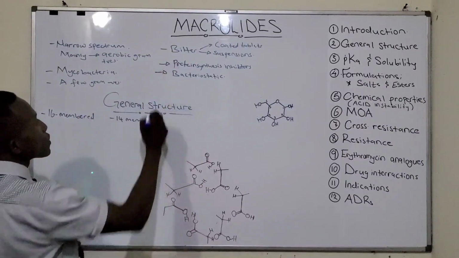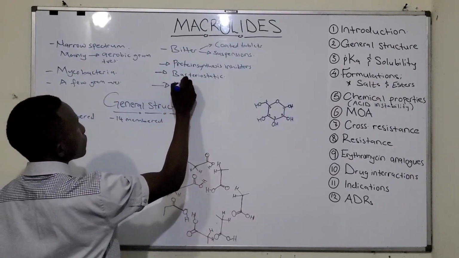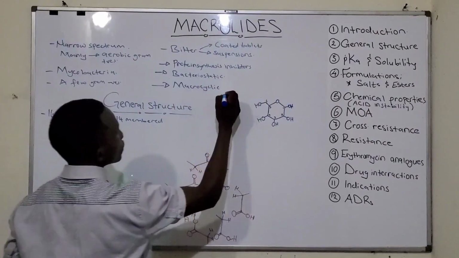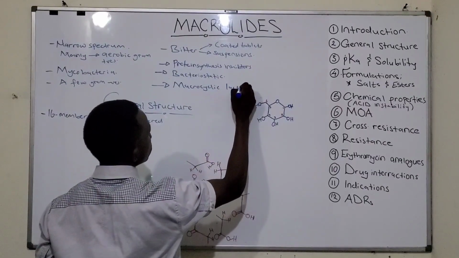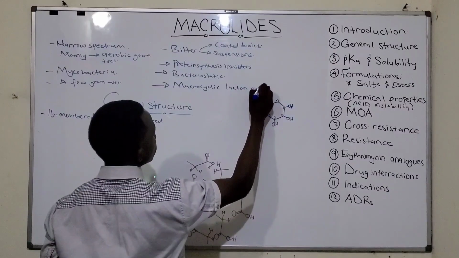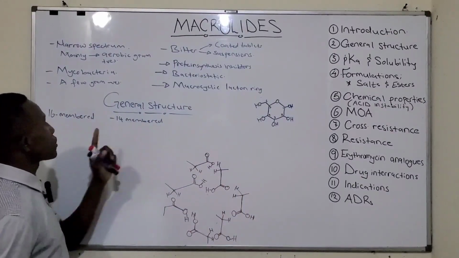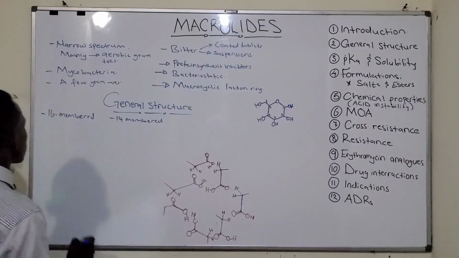They are called macrolides because they have the macrocyclic lactone ring. So there is a 14-membered lactone ring and a 16-membered lactone ring.